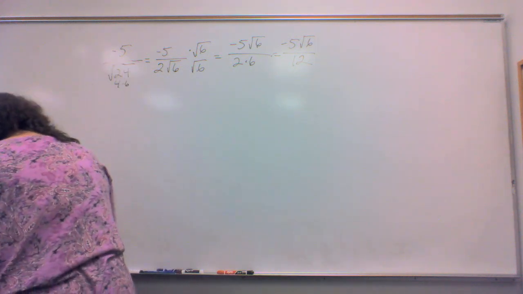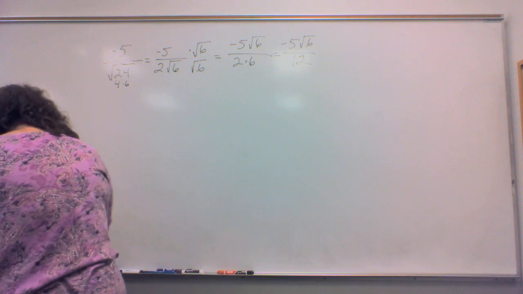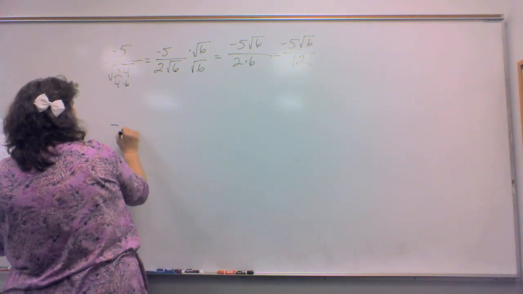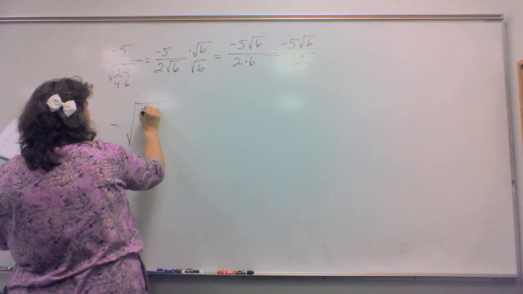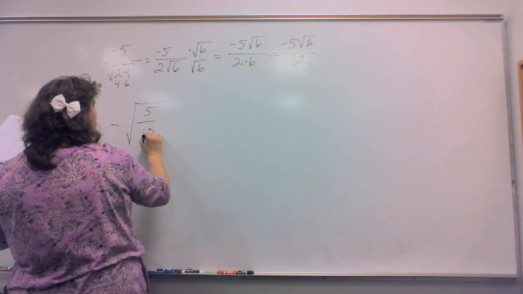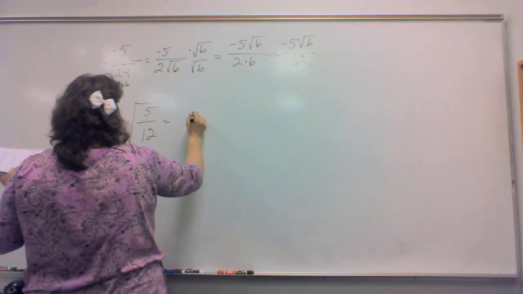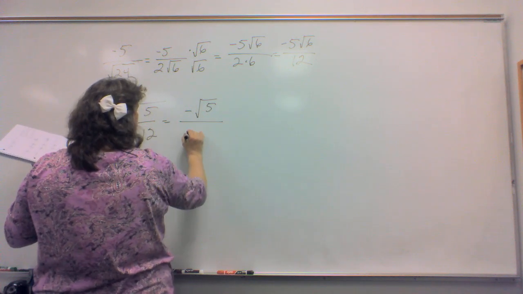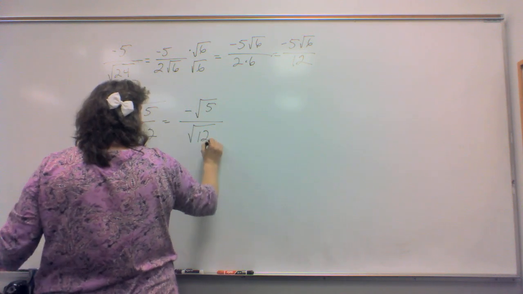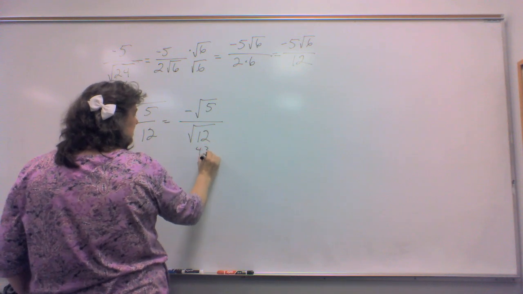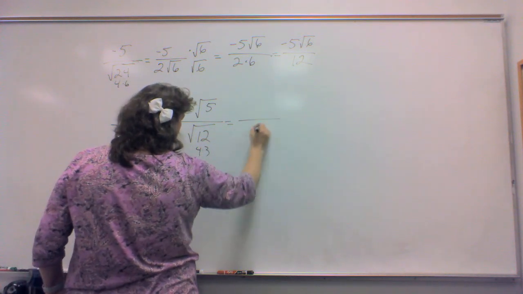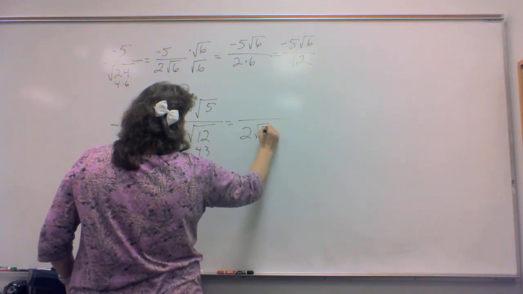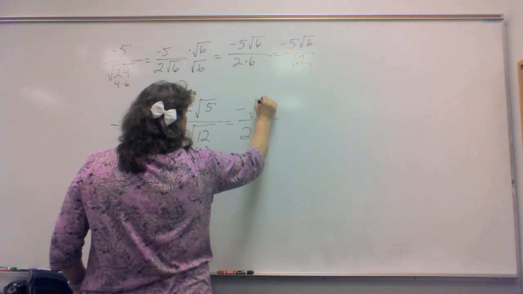Okay, let's look at another one. The negative of the square root of 5 over 12 equals the negative of the square root of 5 over the square root of 12. Well, this is 4 times 3. Square root of 4 is 2, so 2 square root of 3 and negative square root of 5.